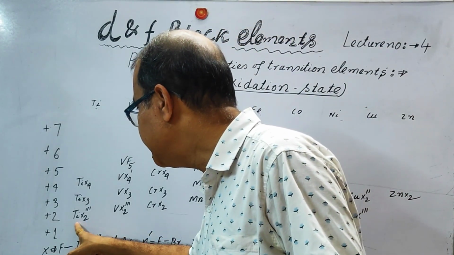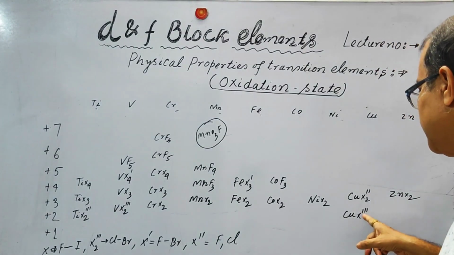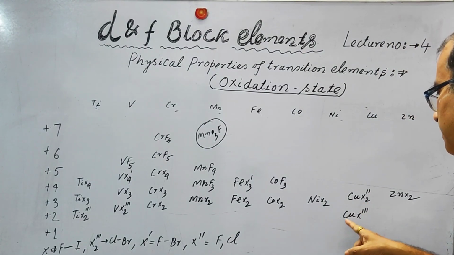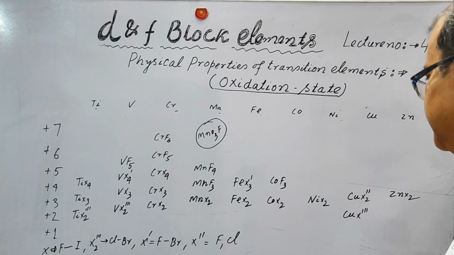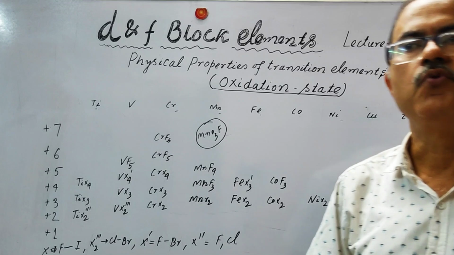In the case of titanium dihalide or vanadium dihalide, or copper halide, in all these cases you cannot find the fluorides.